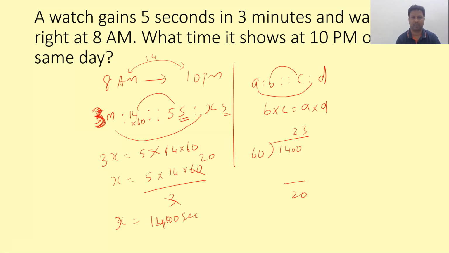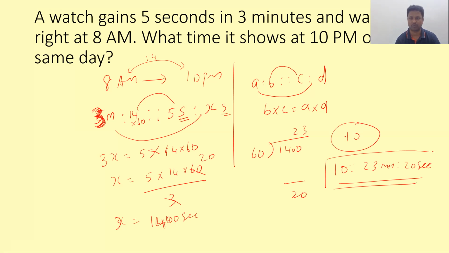So what time does it show at 10 p.m.? The gain is 23 minutes 20 seconds. So while the actual time is 10 p.m., the faulty clock shows 10 hours 23 minutes 20 seconds.